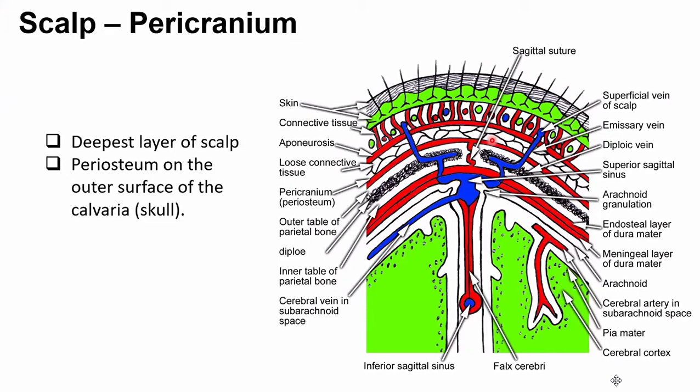It's loosely attached, but once it reaches any suture line, it becomes super adherent. And it becomes continuous with the endocranium through the suture membrane, beneath the inner lining of the cranium. And that's the endocranium.